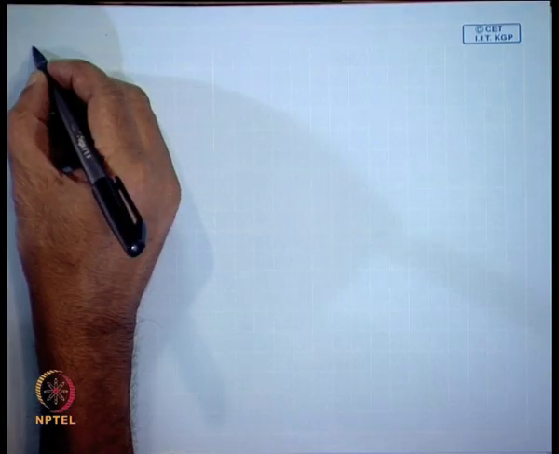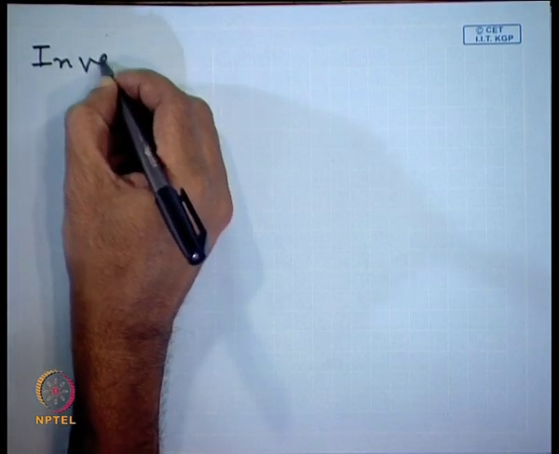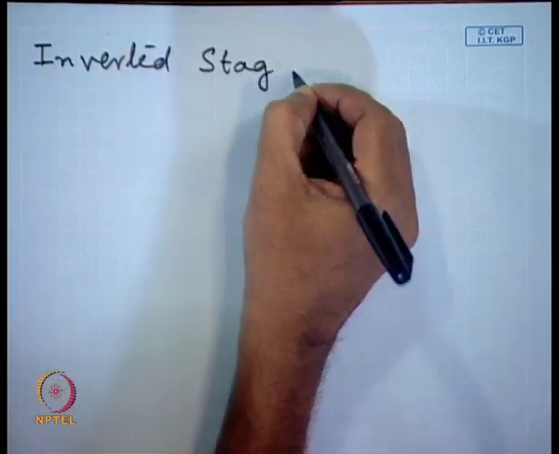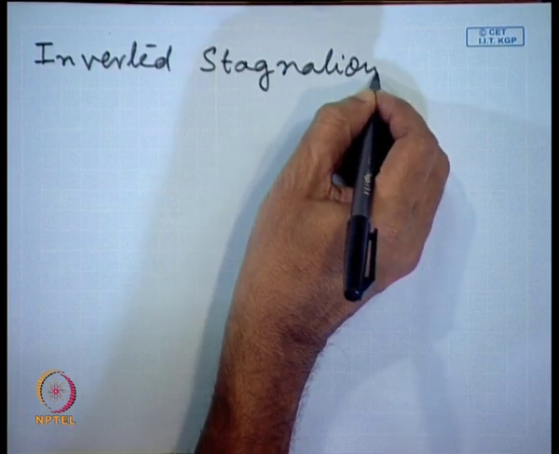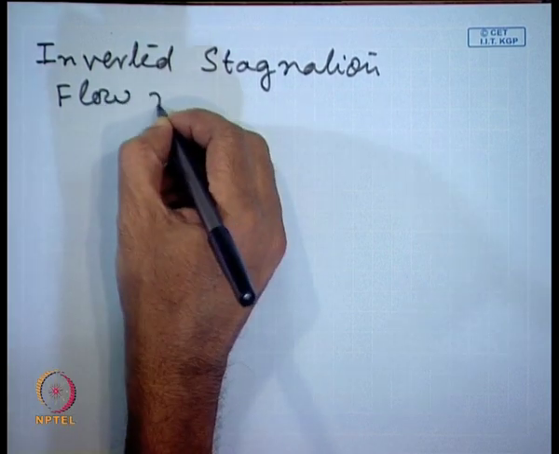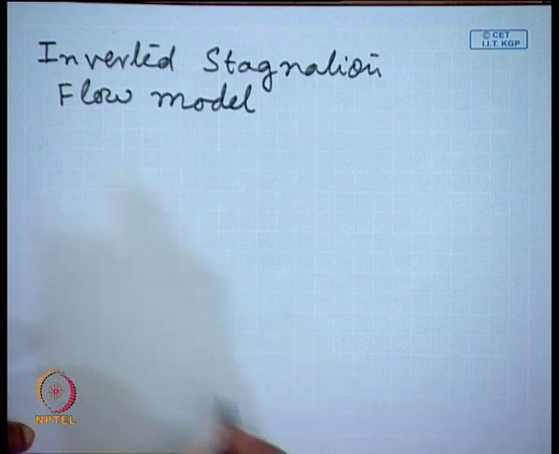Another model I would like to discuss, which is a bit interesting, may not be very successful in predicting boiling heat transfer, but it is a bit interesting, that is known as the inverted stagnation flow model. What is the inverted stagnation flow model?